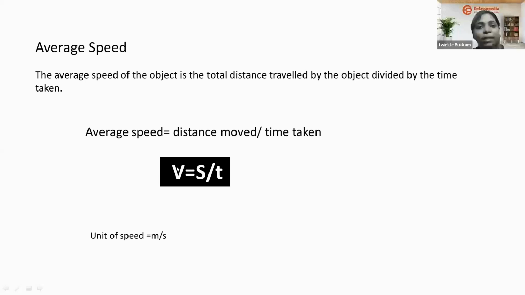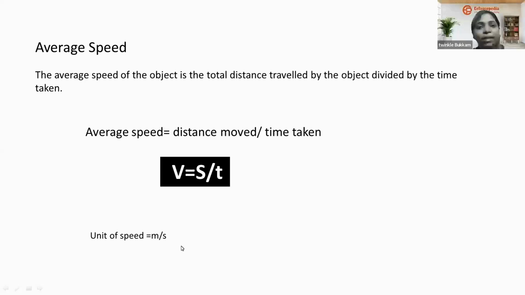V is equal to S upon T, where V is speed, S is distance, and T is time. This is a very basic formula for the speed. The unit that we will use for the speed is meters per second, where the distance is in meters and time is in seconds.